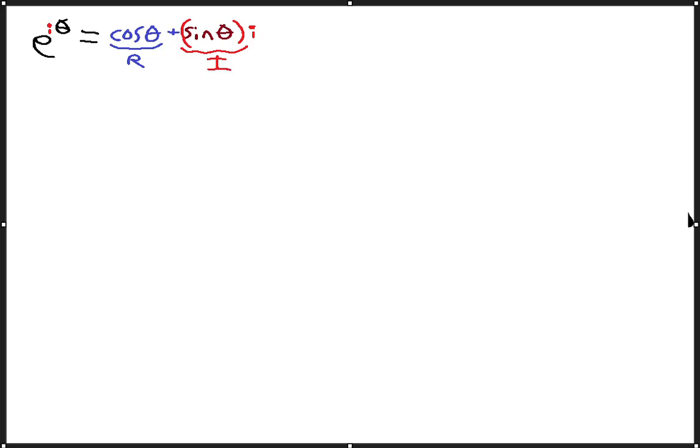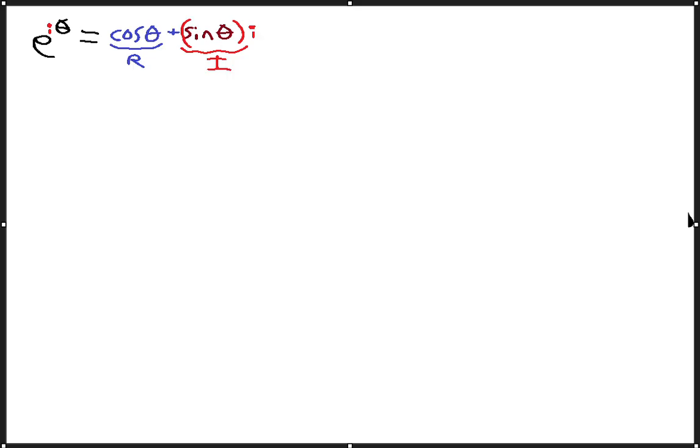e to the i theta is cosine theta plus i times sine theta. And as theta progresses from 0 degrees to 360 degrees, it oscillates around and around. You might ask why is this important?